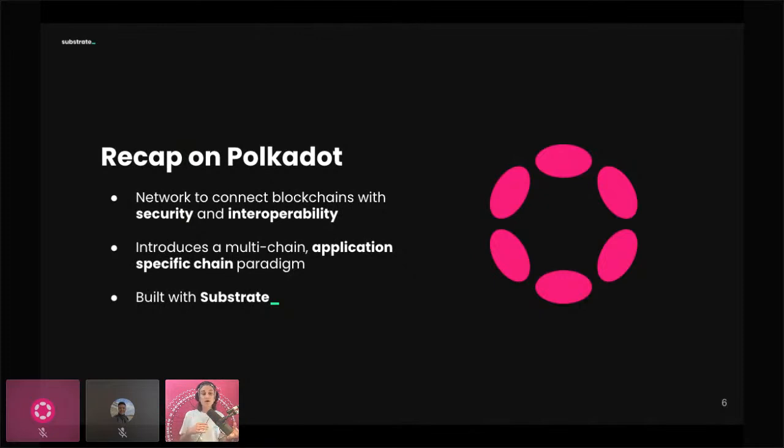Now we are in a paradigm where each application, or you can think of it as each market vertical, if you are wanting to tackle the identity layer or some insurance market vertical, each market vertical really has its own chain, or each application has its own chain. And a very important part of this talk in mentioning Polkadot is that it's built with Substrate.